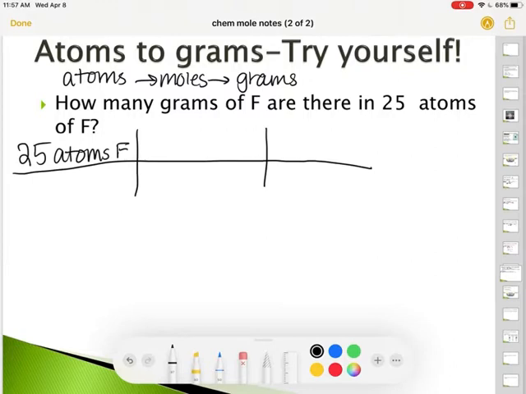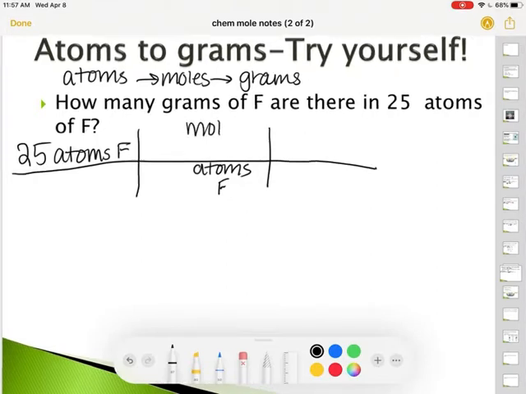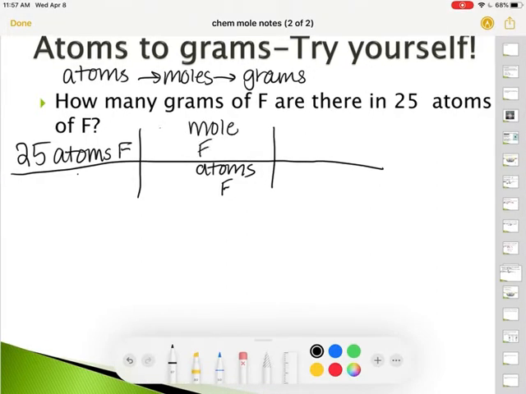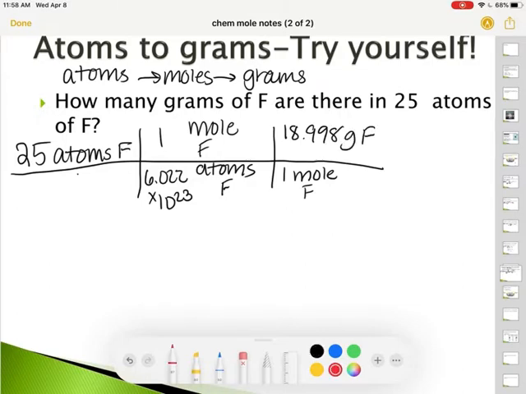Okay, so get rid of atoms of F. Get moles of F. In 1 mole of F, there are 6.022 times 10 to the 23 atoms of F. And then in 1 mole of F, according to my periodic table, the mass is 18.998. Okay, so the term atoms cancels out.